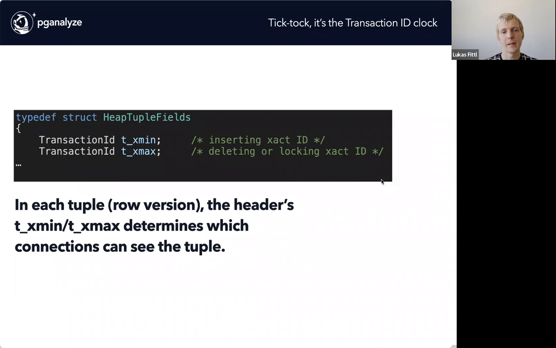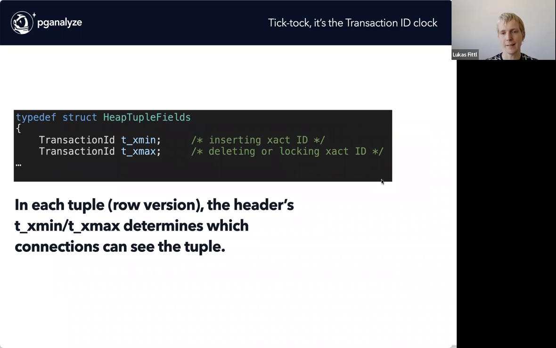Now, these transaction IDs are stored in what's called the tuple header. Again, tuples are row versions, right? So what's stored in your data, in your tables. Each of these row versions has a header, and the header has an xmin and an xmax. The most important thing to understand is that xmin gets set when you're inserting the data, or creating the tuple.